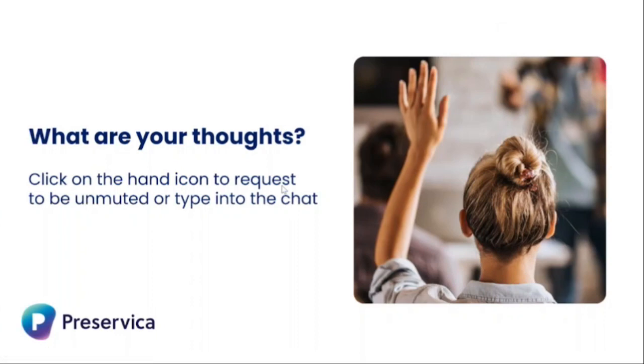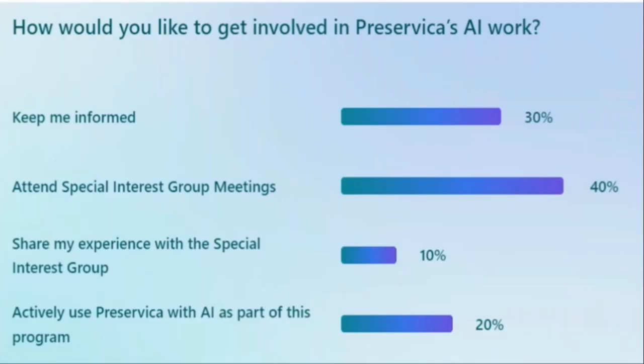Next steps. We had a survey earlier where we asked people how to get involved, and there will be a survey coming out to you with questions such as: do we just keep you informed? Do you want to attend more of these special interest group meetings and get further into the detail? Would you like to talk at the special interest group?